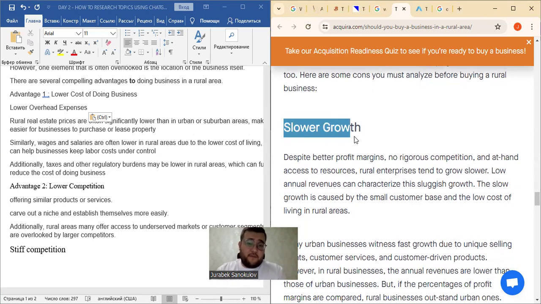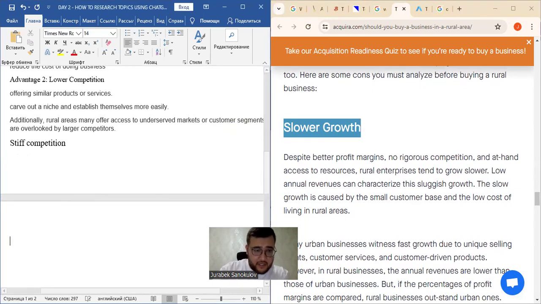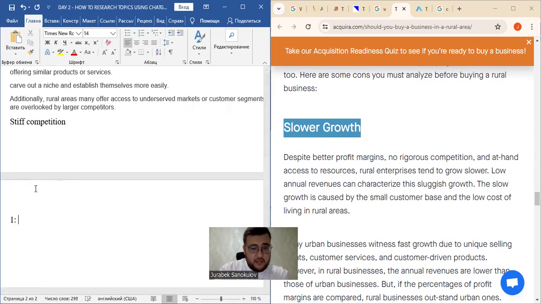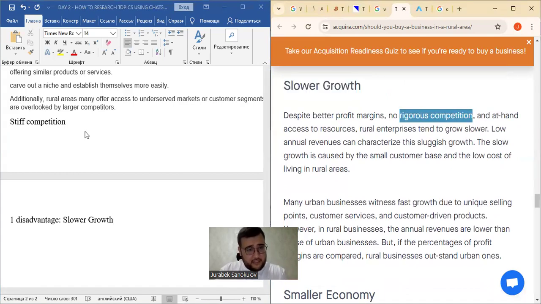Slower growth. Okay. That sounds like a nice advantage to me. So slower, or let's just say disadvantage. One disadvantage, let's just say. Slower growth. Despite better profit margins, no rigorous competition. I mean, that's a nice word.